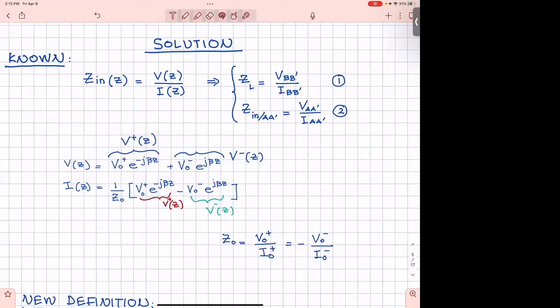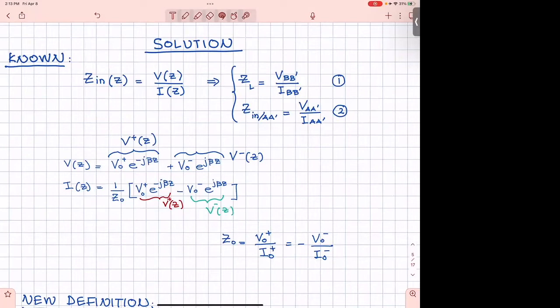We write the general expressions for voltage and current. These are things that you know, all right? These are the things that we have discussed. Why do you do the Z input at Z? Because my question is around input impedance. So you really have to write those so you remember what the input impedance is at the various points on your line, usually at the nodes, AA prime, BB prime.